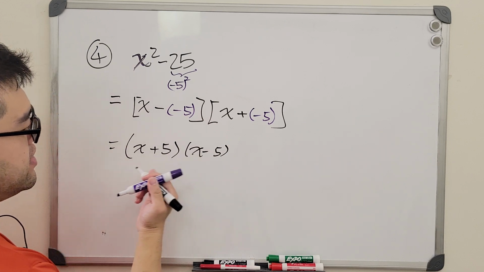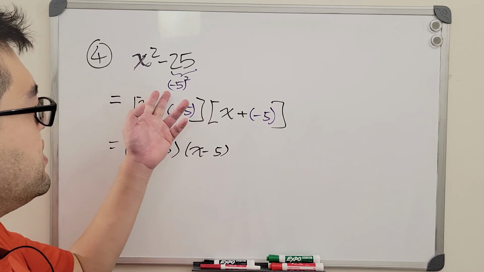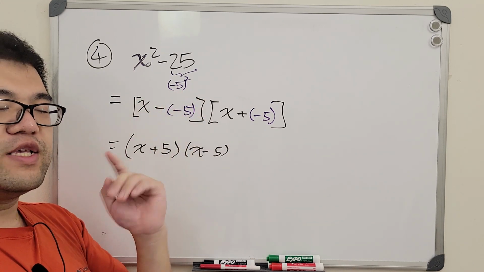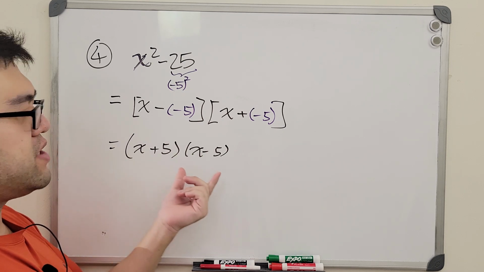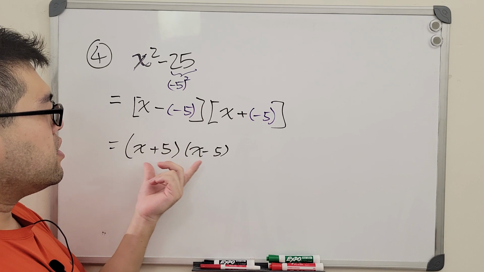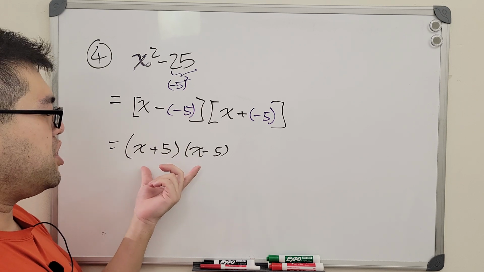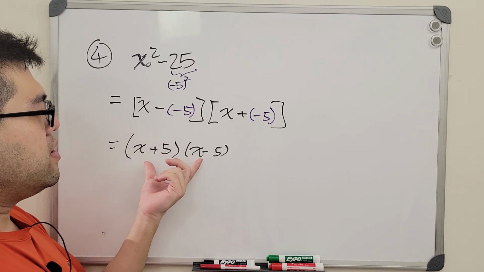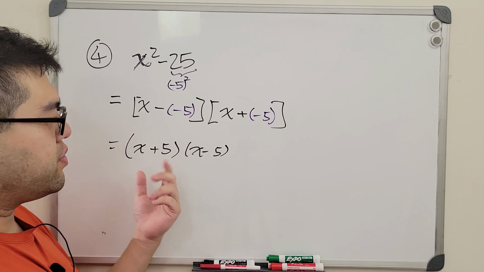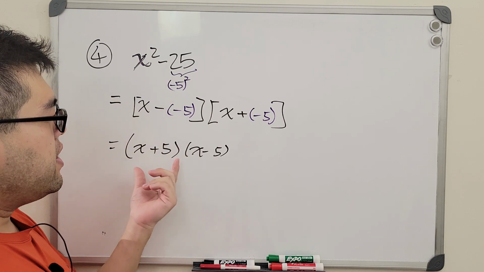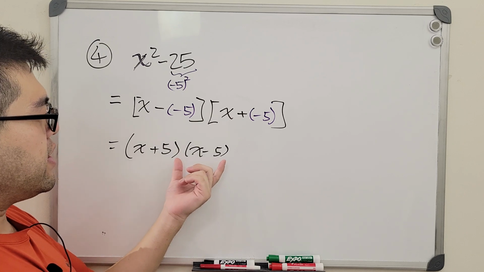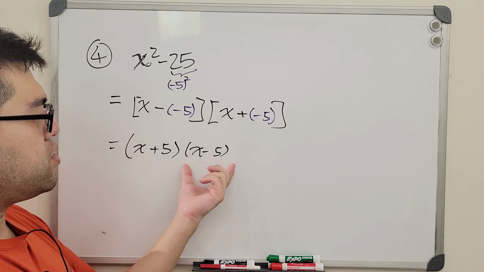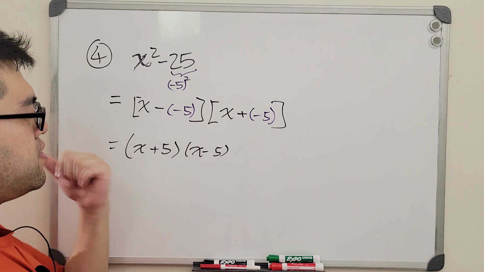And in fact, it is the same as if we set our B as +5, because we will just get x minus 5 times x plus 5 back, and the result is not going to change, as we know that when these two multiply together, we'll get the same result back. We call this commutative, meaning that the first term times the second term is the same as the second term times the first term.